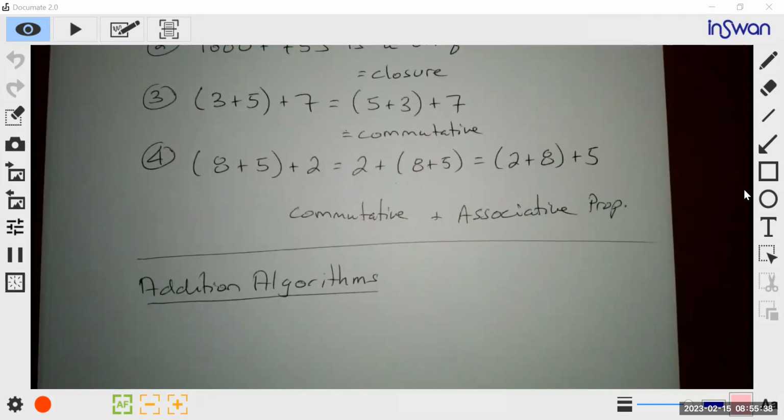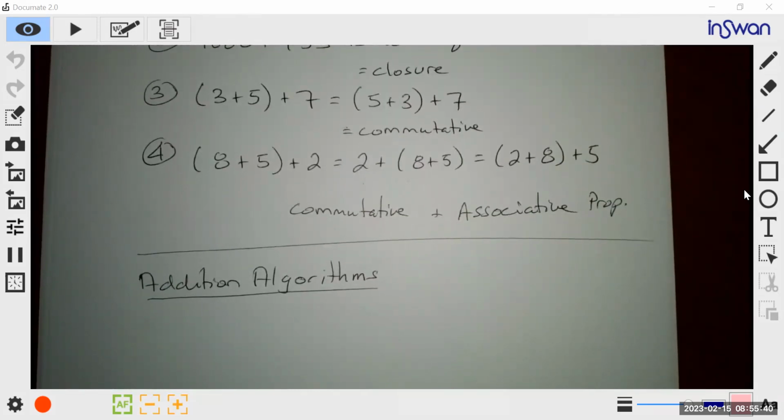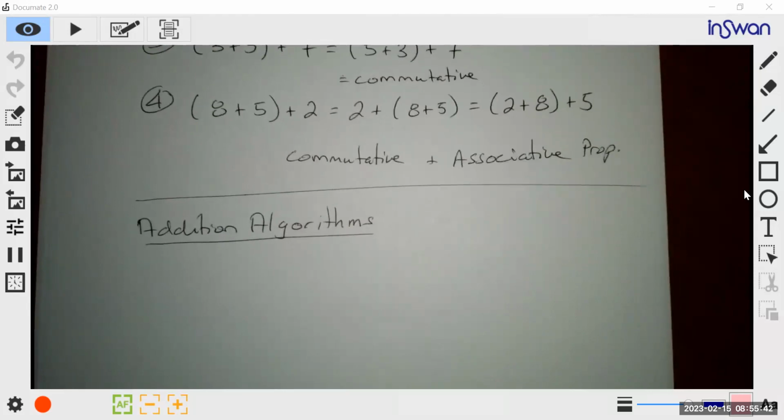Addition algorithms. What's an algorithm? I know you've heard the word before. What's an algorithm? It's basically a plan. It's a roadmap, a step-by-step description of what you should do. Computer programs are called algorithms because the computer has to follow these rules as it goes along. So that's what an algorithm is.